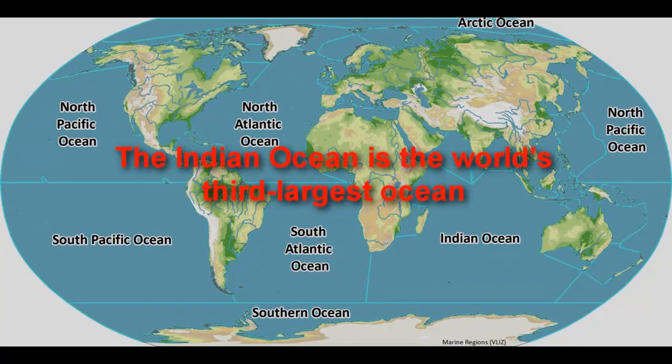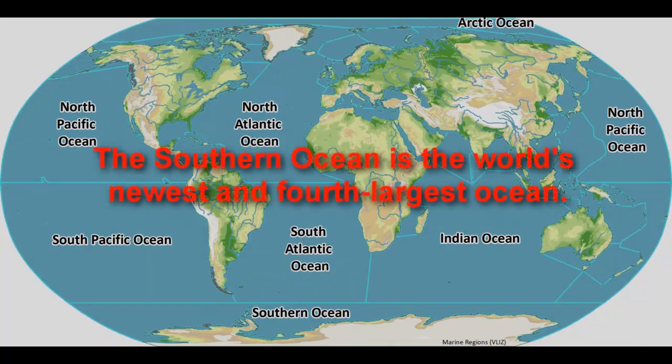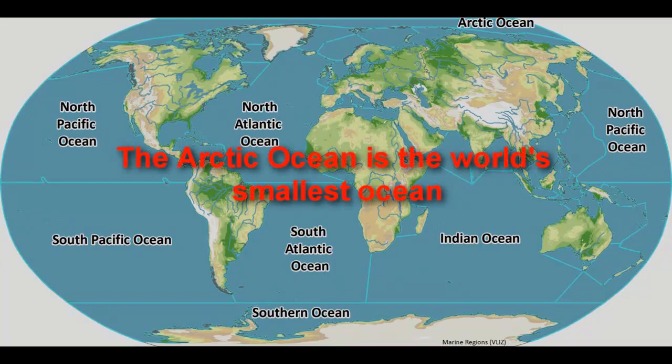The Indian Ocean is the world's third largest ocean. The Southern Ocean is the world's newest and fourth largest ocean. The Arctic Ocean is the world's smallest ocean.